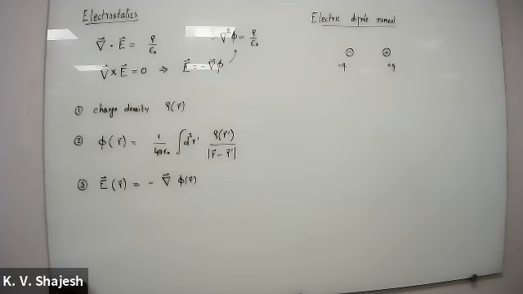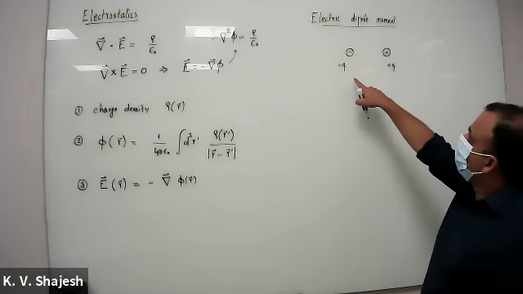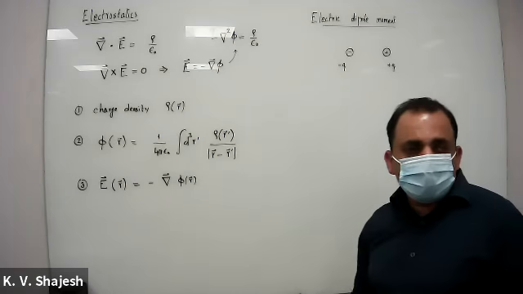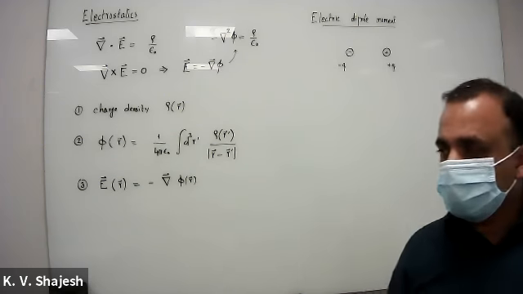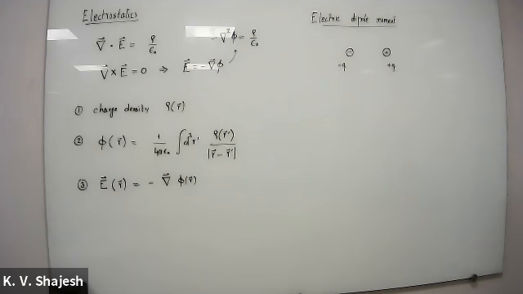We have a choice that this could have been minus Q1 and that could have been plus Q2. As we will see in the next couple of lectures, we will define a more general dipole moment for any 2 point charges, or for that matter, given any distribution, we will be able to define an electric dipole moment.